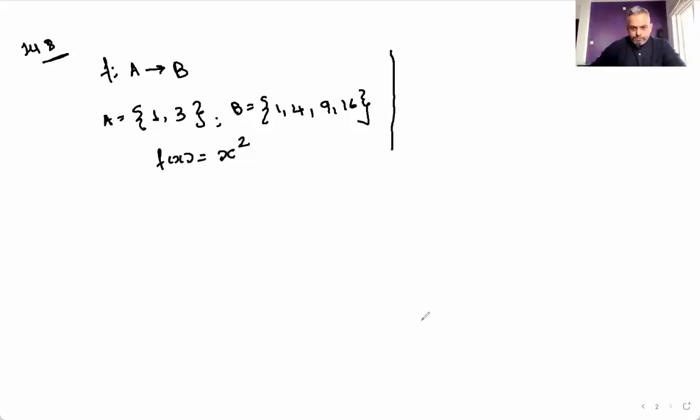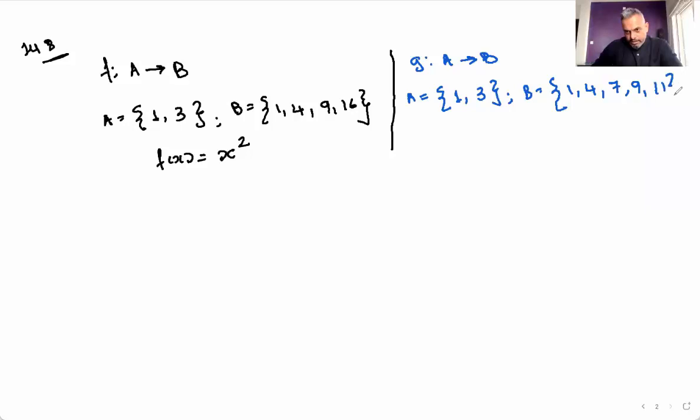Simultaneously, we have second function g from set A to B, where A is equal to {1, 3} and B is equal to {1, 4, 7, 9, 11}, and function g of x is equal to 4x minus 3.